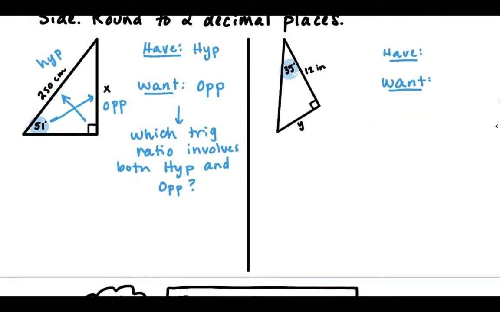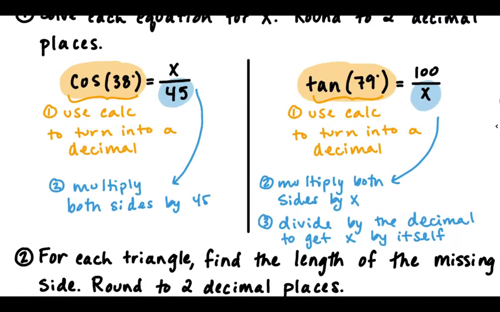So to answer this question, we're going to reference SOHCAHTOA. So you're going to look at SOHCAHTOA and decide which trig ratio, sine, cosine, or tangent, involves hypotenuse and opposite. Then you're going to use that trig ratio to write your equation, and your equation is going to look like one of these guys, and then you're going to solve it just like we did up here.